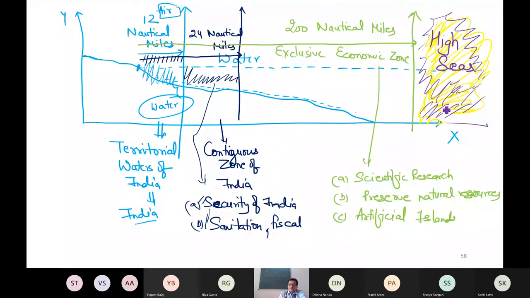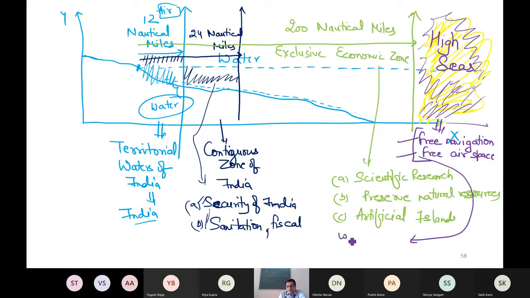So what equal rights can you say? In this area, what right do I have? Free navigation. The ships can freely navigate. Free airspace. Planes can navigate. And subject to some limitation, because of less space I am writing here. Now these two are without any condition and some are with conditions.